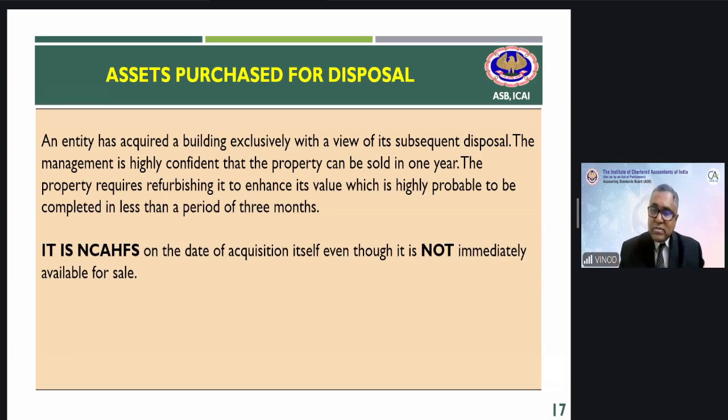Now we come to the condition. If I buy something and the resolution itself states that my idea of buying it is to sell, I have no intention to use it and make money out of my own operations usage. I'm an arbitrage trader, you can call it. So if my intention is such, I can take the call that the asset need not be 100% ready for sale.